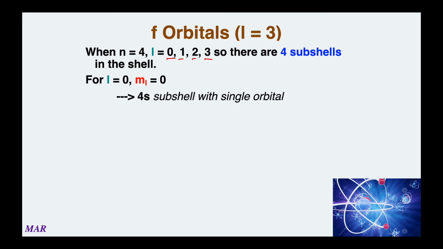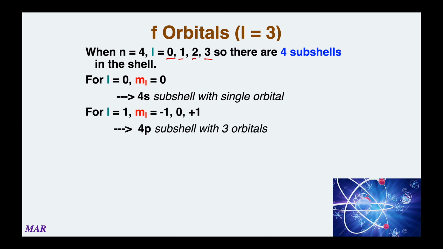The first one, when L equals 0, m sub L equals 0, that's just the 4s subshell, and there's a single orbital. When L equals 1, m sub L goes from -1 to +1, so there's 3 values of m sub L. This is the 4p subshell with, again, like we've seen earlier, 3 orbitals inside it.